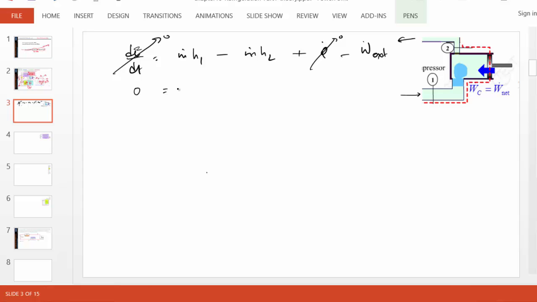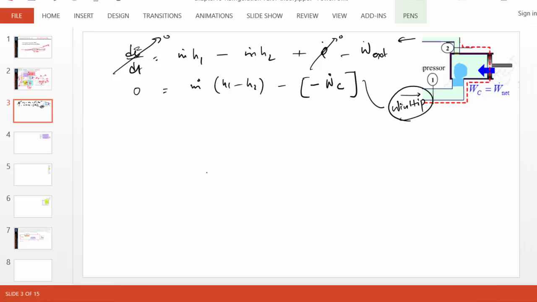So 0 equals m dot (H1 minus H2) minus W dot external. What is W dot external? W dot external is really W dot compressor, but W dot C is a positive number, so we must put the sign negative here. Again, this is following the work-in-negative sign convention, as you understand. Work in is negative, so W dot C is a positive number.